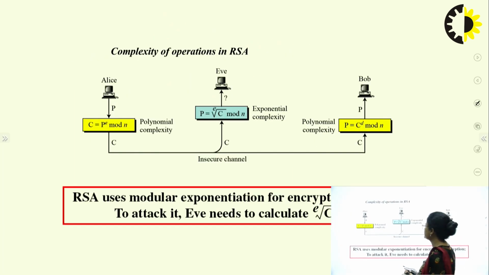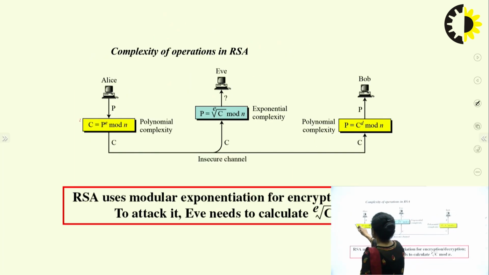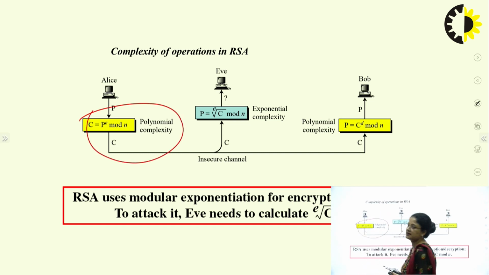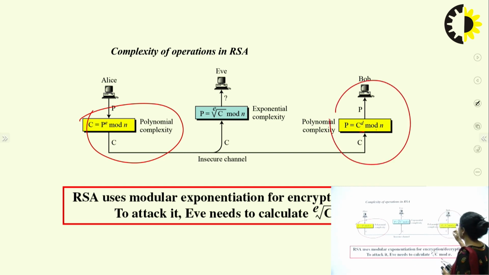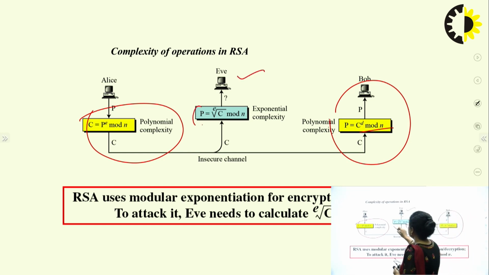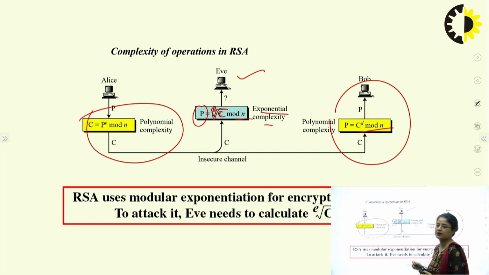This is the complexity. If you summarize it, the encryption has polynomial complexity because C is equal to P to the power E mod of n, and the decryption also has polynomial complexity, because we are calculating the plain text in the form of C to the power D mod of n. For any attacker to find the plain text, they basically have to find the root, because C is equal to P to the power E. So how do you get P? You need to find the Eth root of C mod n, which has exponential complexity.